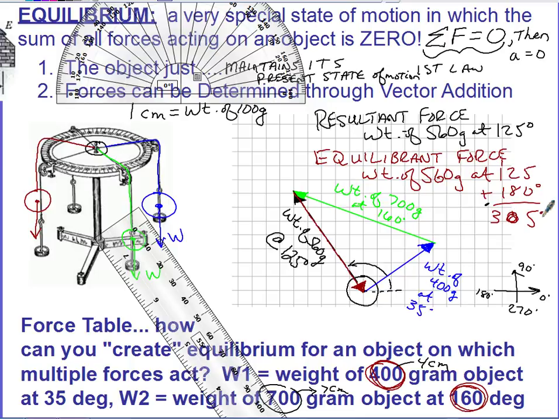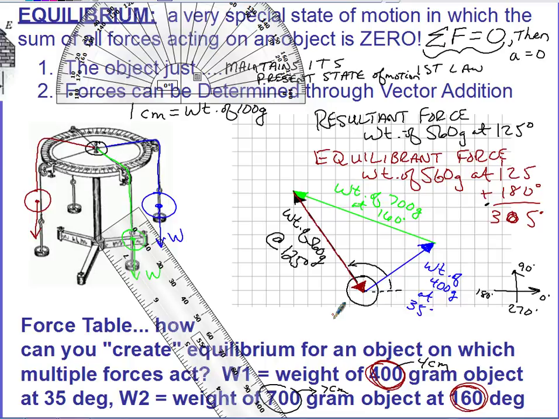So it would be at 305 degrees. If I took a 560 gram mass and hung it on that string, or on that ring at 305 degrees, that should end up producing equilibrium, which means that the total force acting on that ring would add to 0.